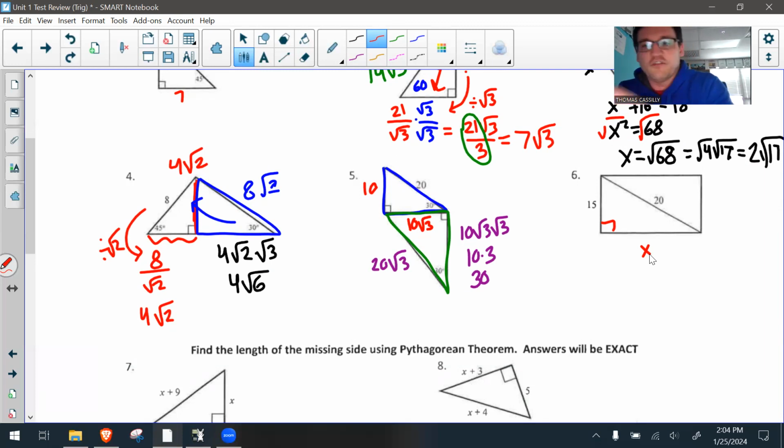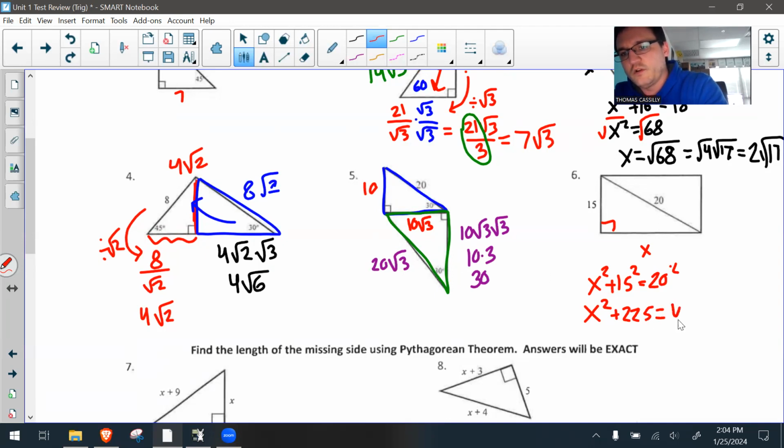But this one, another case of Pythagorean theorem. All right, we know x squared plus 15 squared equals 20 squared. We have x squared plus 225 equals 400.